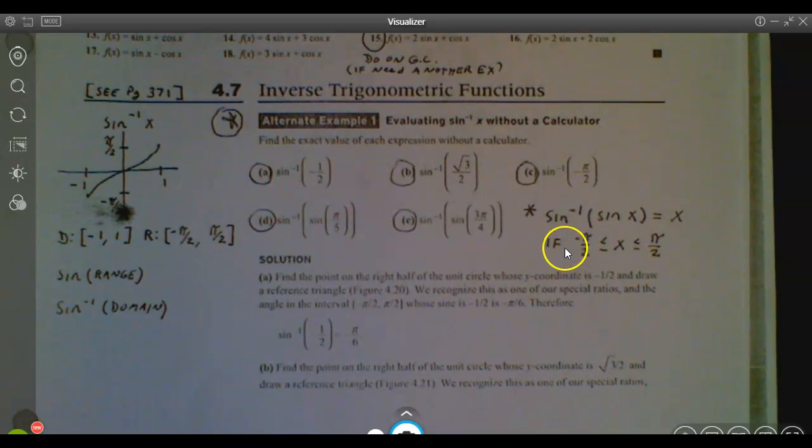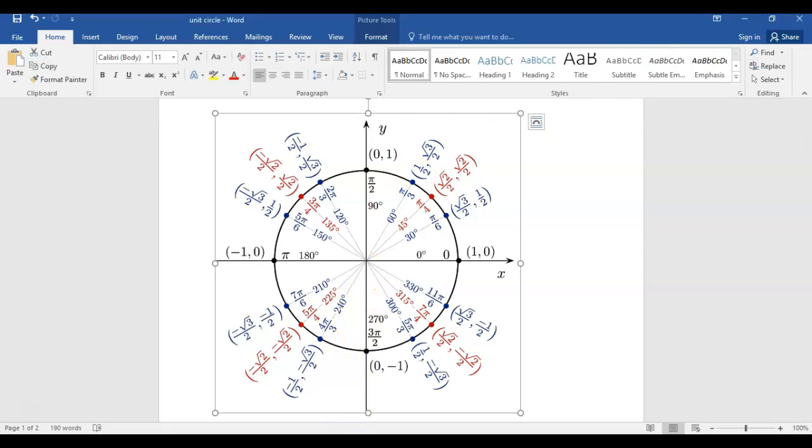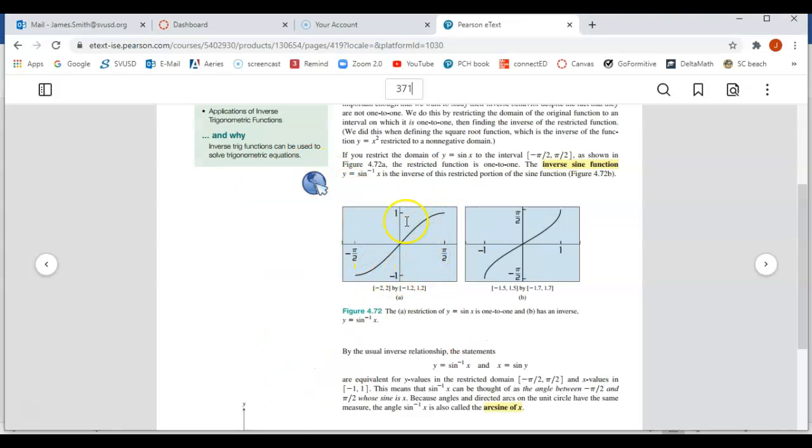If, and here's the big if, and I'm going to show you why it changes when we do part E. The big if is only if the x value that we're putting in is inside this one-to-one function, right? We're putting in an x value that is between those boundary lines of that one-to-one function, and that goes back to what I was showing you in your book, this original graph right here.